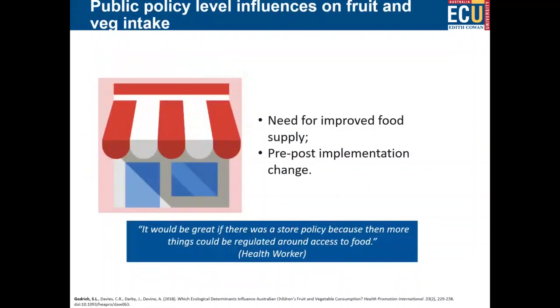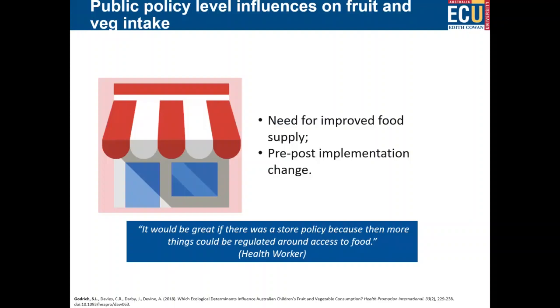At the public policy level, there was discussion amongst people that were part of this research saying that there was a need for improved food supply. It was definitely inequitable across rural and remote Western Australia. There were different issues in different regions, but definitely a need for improvement.